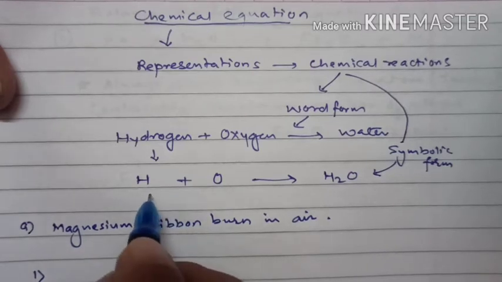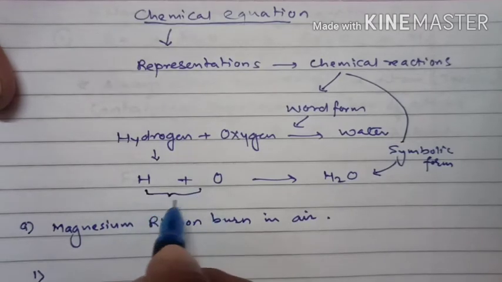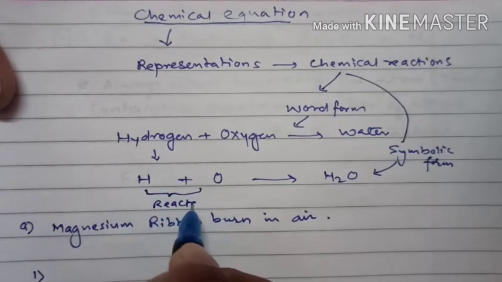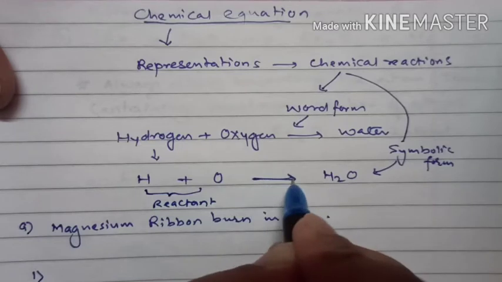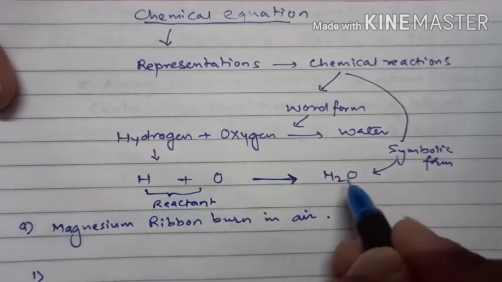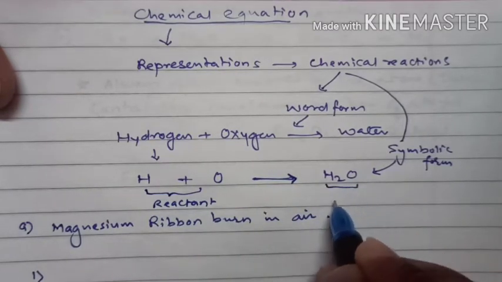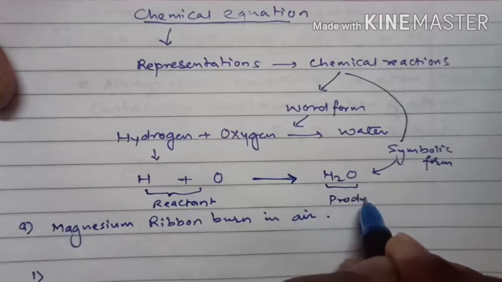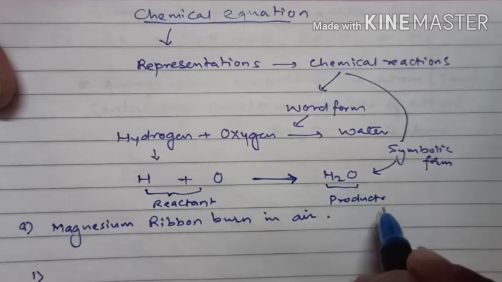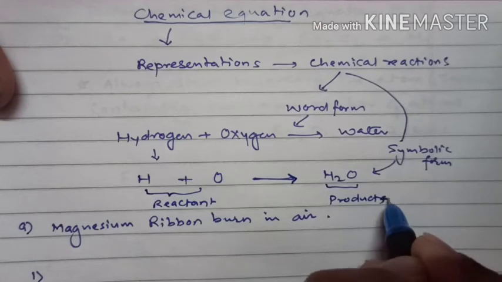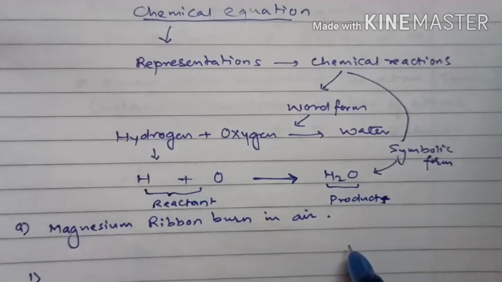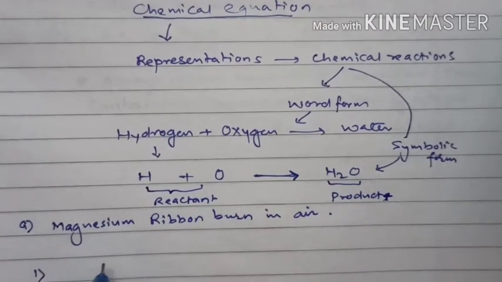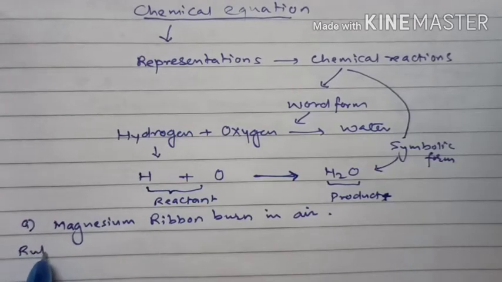So what are reactants? These two are the reactants, and this arrow shows the direction of the reaction taking place, and this is the product. So reactants are two or more, and products are also two or more. Correct?